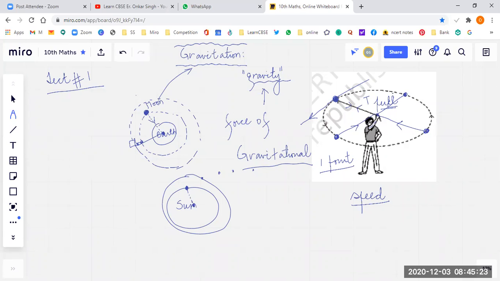Another thing I would like to mention here is that sometimes we talk about gravity and sometimes about gravitation. Is there any difference? Not really any difference between gravity and gravitation, but sometimes we say gravity is more used for the force of attraction on bodies in the atmosphere of the earth.